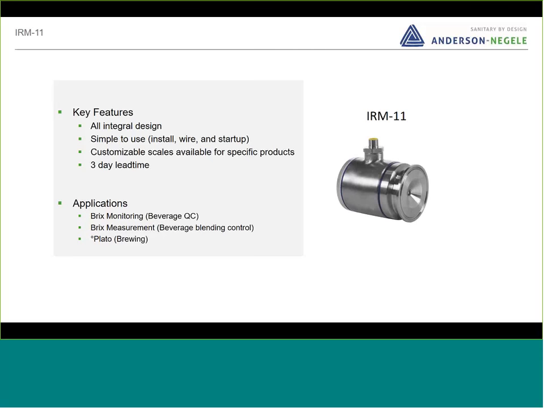Very labor intensive, sometimes they forget to do it, it doesn't get well documented, and the application for the IRM is pretty simple, right? We're going to install it into the line and continuously monitor the Brix of the product that's moving down the pipeline, thus eliminating that human element, which is fraught with errors and cost, right?